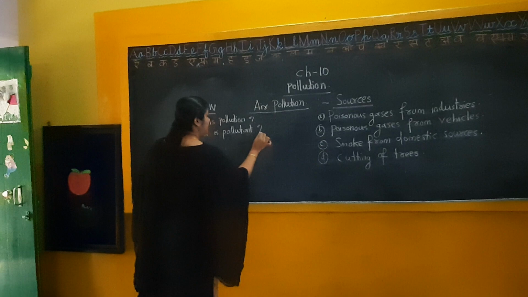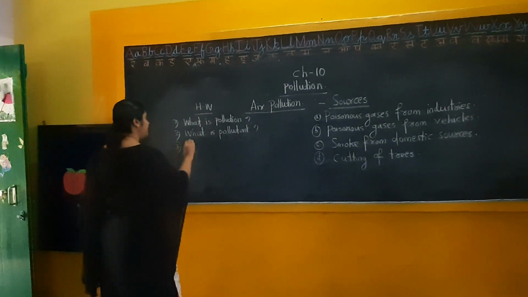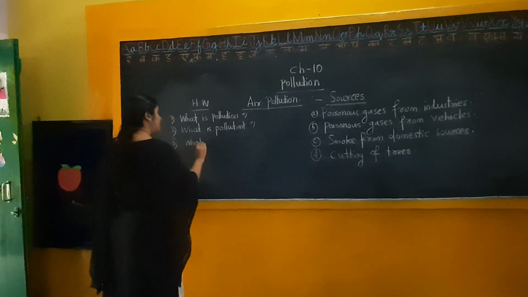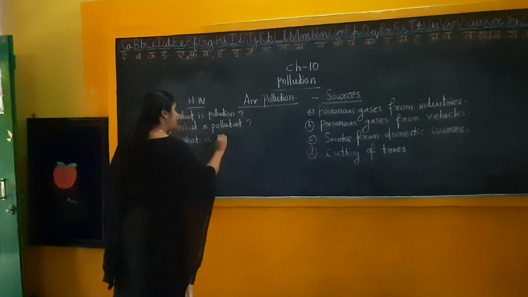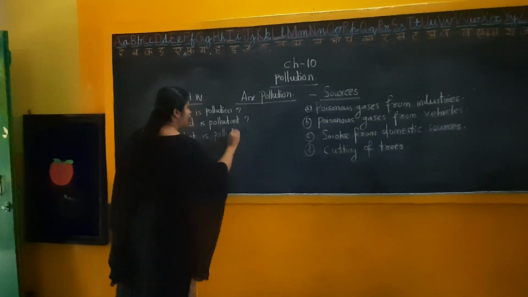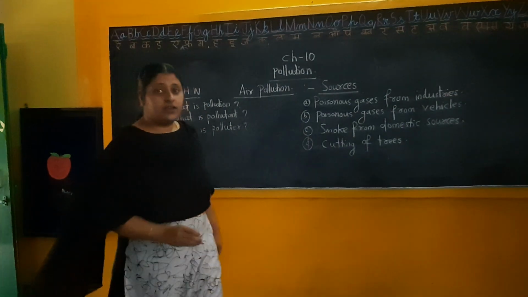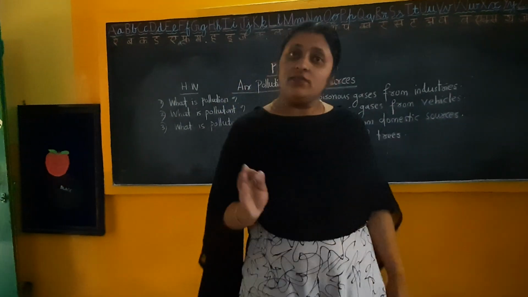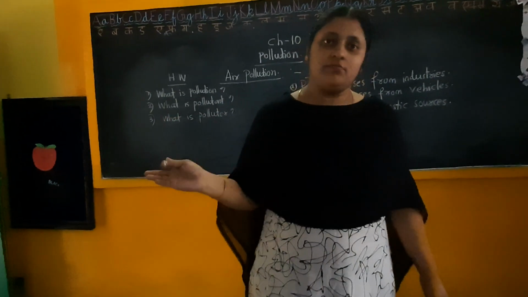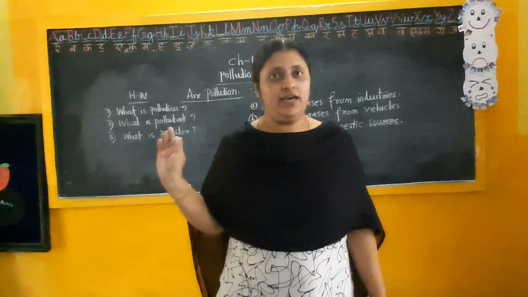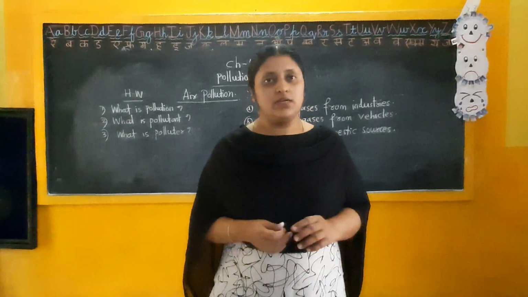Third one, what is polluter? It is very simple, okay. At the end of this chapter, it is in the new words. From those new words also you can write this answer. Both are correct, isn't it?